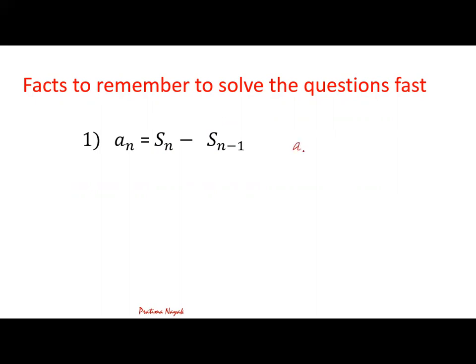For the fifth term, that will be S5 minus S4. So if the expression for Sn is given, for example 3n squared plus 2, then we can get the fifth, sixth, seventh, or any term applying this formula. This is a very important formula.